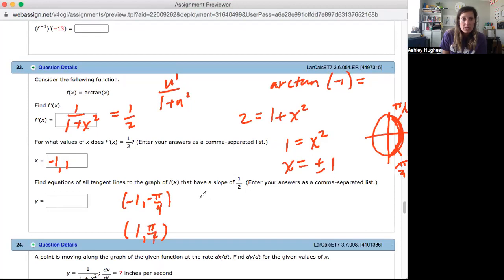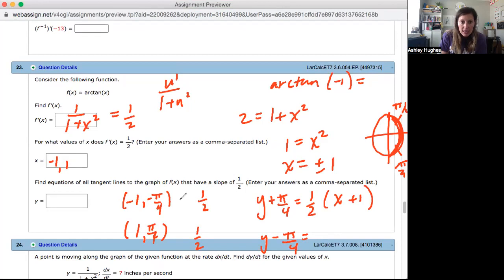Your slope is 1/2 for both of these. So y minus the y coordinate equals the slope times x minus the x coordinate. Y minus pi/4 equals... oops, this would be a plus here, because it's minus a negative, equals 1/2 times x minus 1. And then you could subtract this and simplify it in both of these cases.